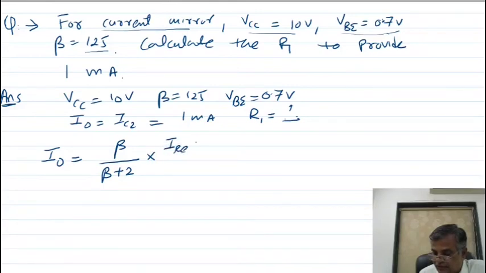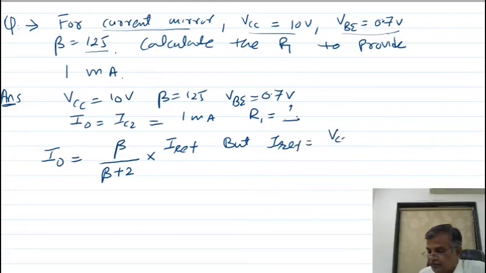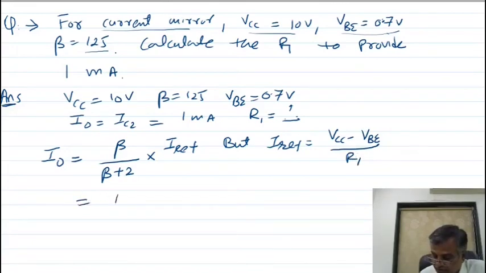We have derived this equation just now. And I reference is nothing but VCC minus VBE upon R1. So let me put this value here: beta upon beta plus 2 into VCC minus VBE upon R1.